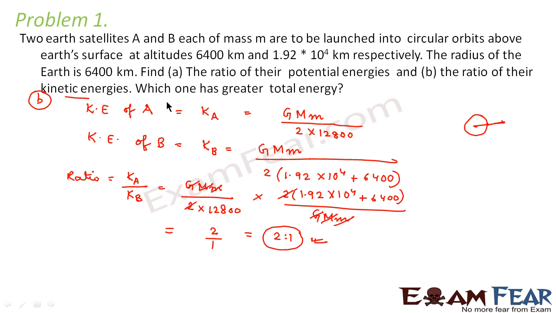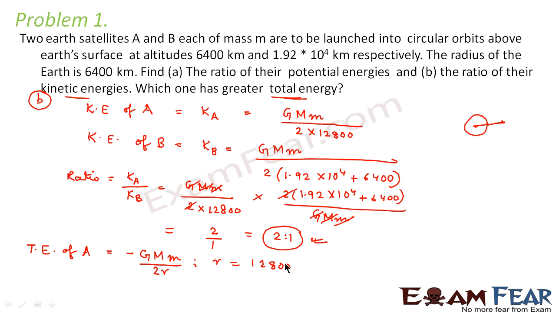Now what does the last part of the question ask? It asks which one has greater total energy. Let us look at that. Now what would be the total energy of A? As per the expression, we know that the total energy would be minus G into capital M into small m divided by 2R, where R is equal to 12800, right?